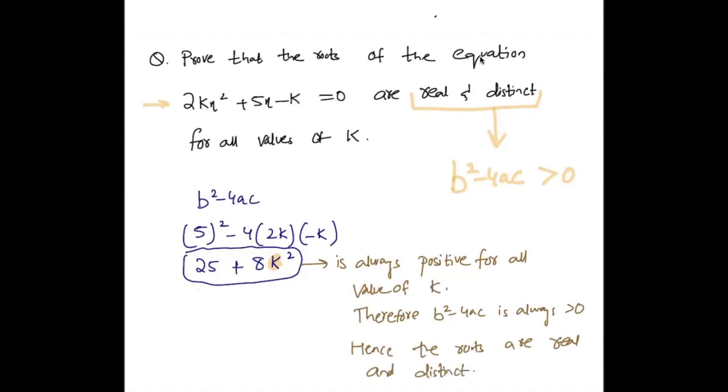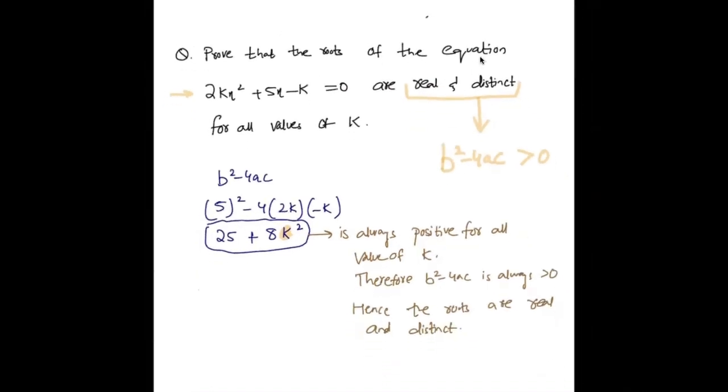Okay, the roots are real and distinct because whatever value of k I plug in, after being squared up, this answer is always going to be positive. When I add 25 to it, it's still positive. So no matter what value of k I plug in, this value is always going to be greater than 0. If the discriminant value is always going to be greater than 0, then that means that the roots are going to be real and distinct always.